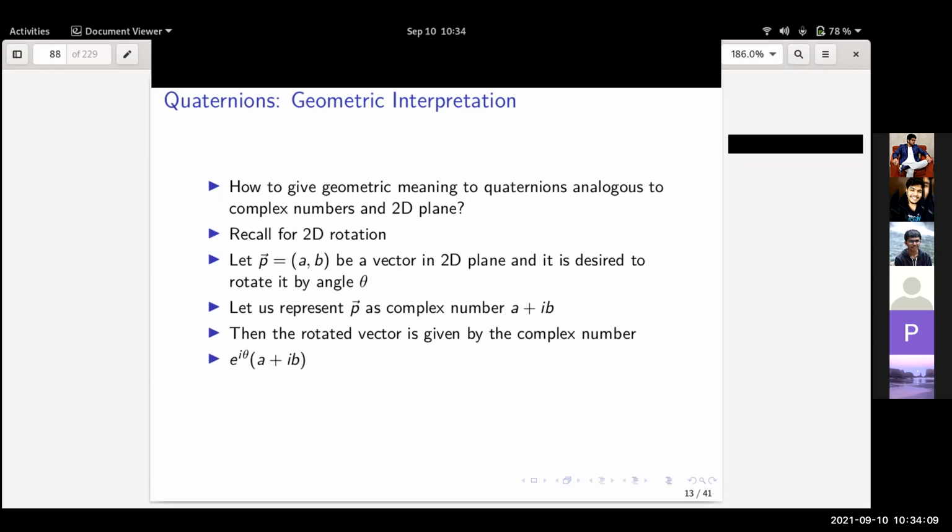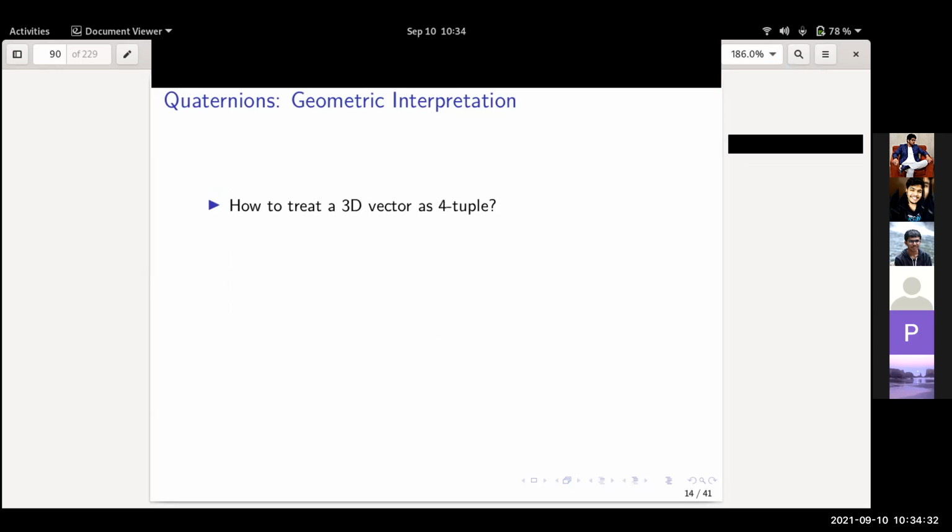Then the rotated vector is given by e power i theta times (a plus ib).